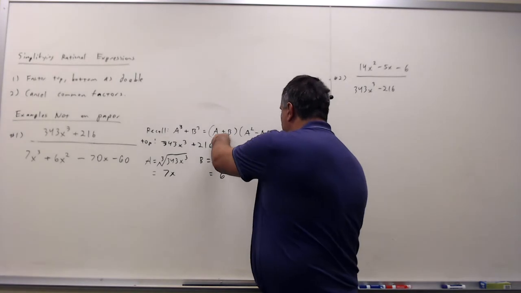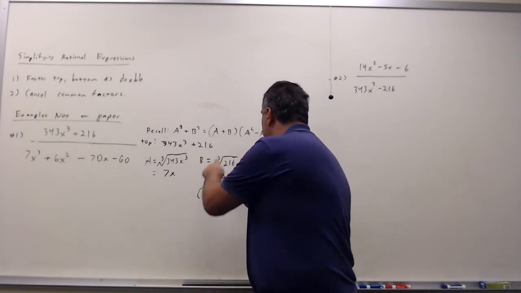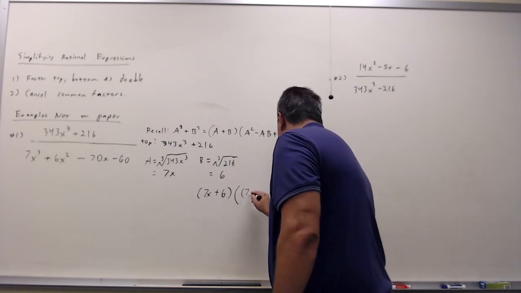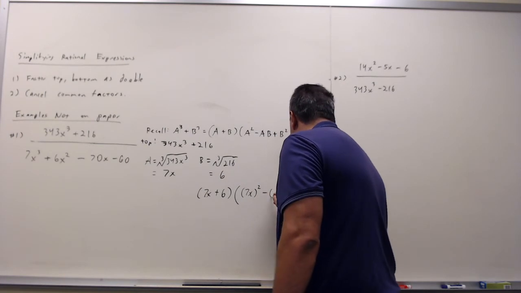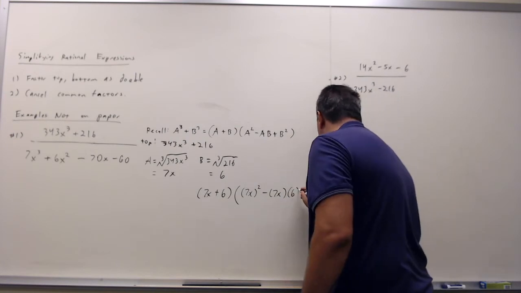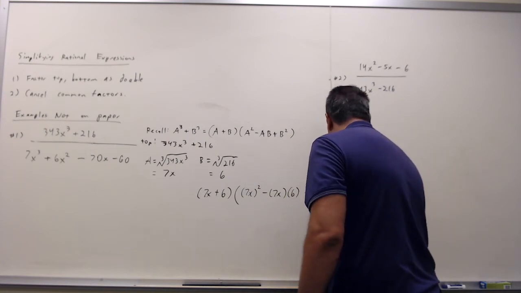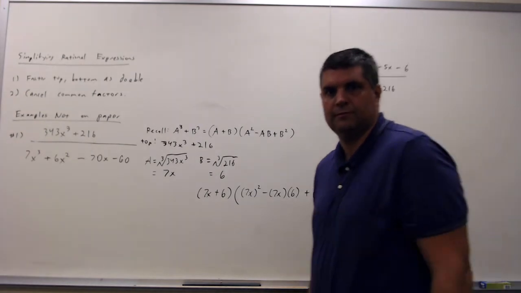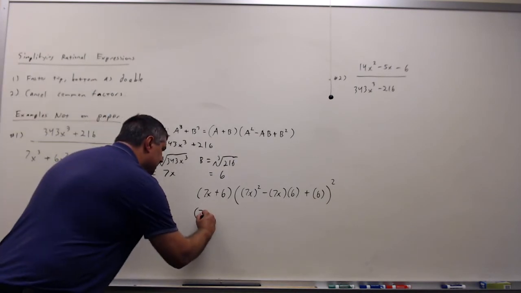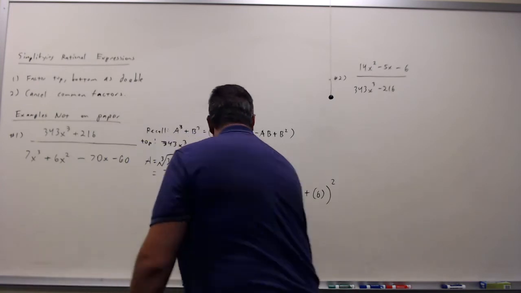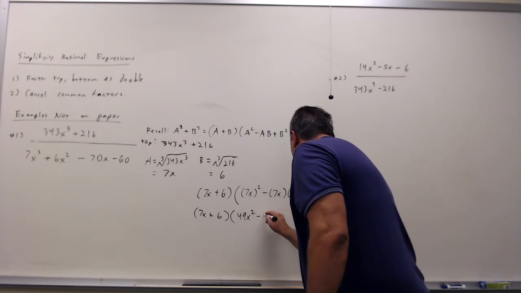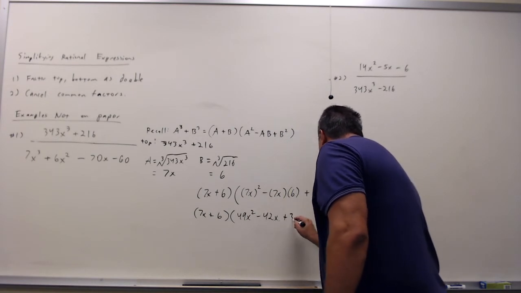So we will have 7x plus 6, and then 7x squared minus 7x, because that's a, times 6, plus 6 squared. So that'll be 7x plus 6 times, 7x squared would be 7x times 7x, so 49x squared minus 42x plus 36.